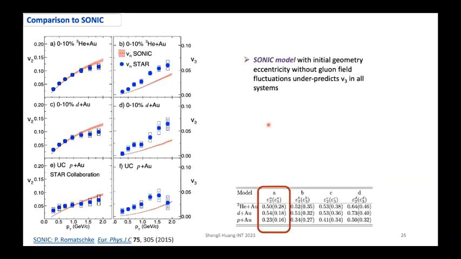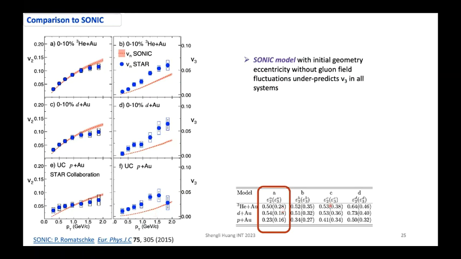We also further compare the STAR measurement with the SONIC model calculation. You can see the SONIC model can describe the STAR V2 results, but underestimates the V3, especially in the d+Au and p+Au collisions, by more than a factor of 2. We want to point out that the eccentricity used in the SONIC model is very small, so that may be one of the reasons the SONIC model underestimates the V3.